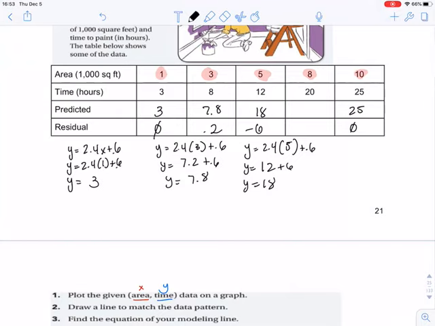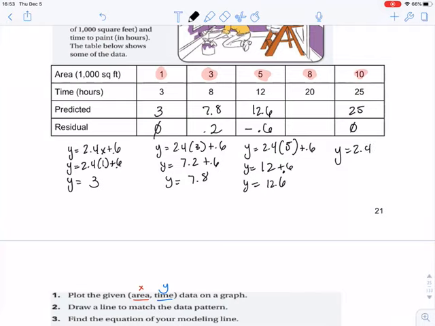Is that right? Did I make a mistake there? 5 times 2.4 is 12. Oh, that's 0.6. There's my mistake. Keep forgetting that 0.6. I get 12.6. There we go. 12.6. And I got a difference of -0.6.